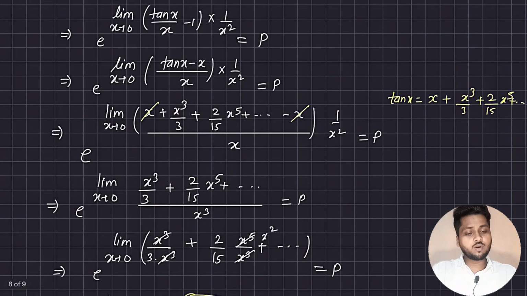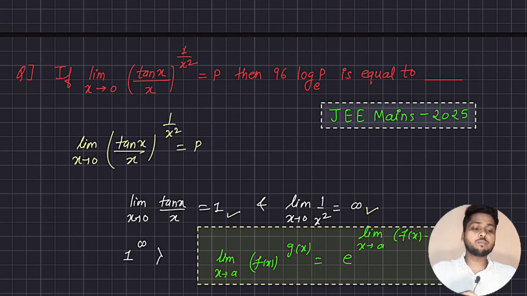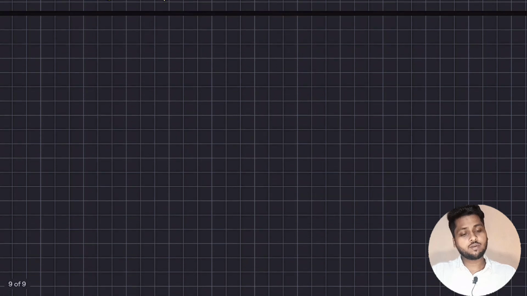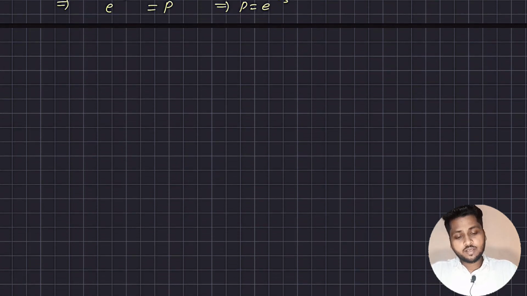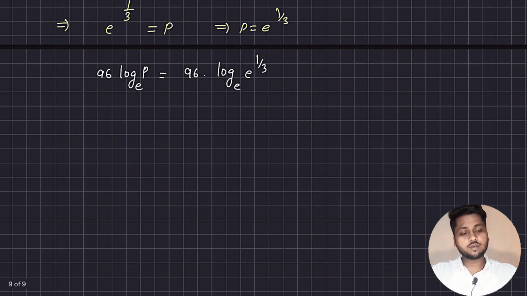And what do we have to find out? We have to find out 96 log p base e. So 96 log p base e is equal to 96 into log of e power 1 upon 3 base e, as you can see the value of p is e raised to 1 upon 3.